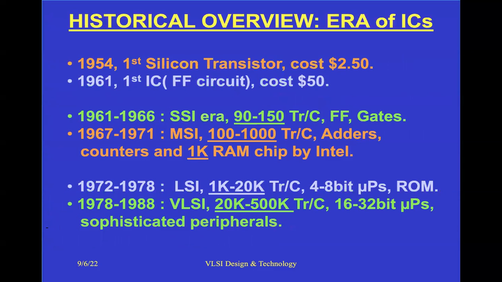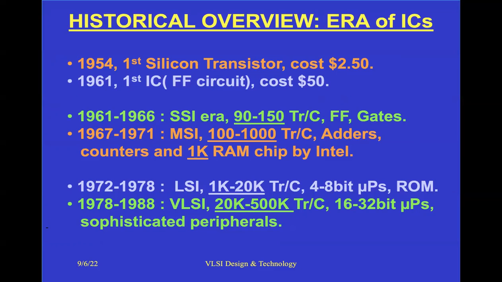A little bit of history as to how these ICs evolved. In 1954, we saw the first silicon transistor. It cost about $2.50. Then in 1961, the first IC, a flip-flop circuit, cost about $50.